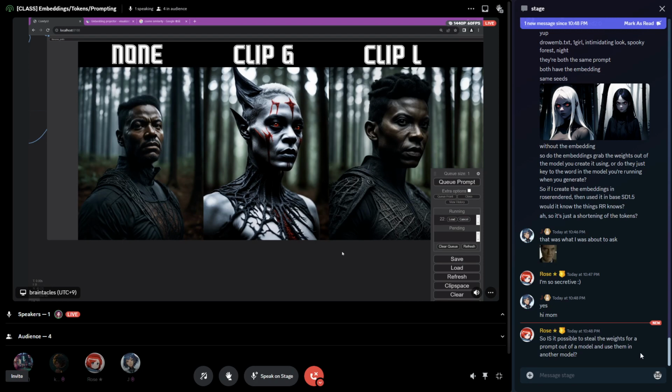So is it possible to steal the weights for a prompt out of a model and use them in another model? All the models, I mean, they all have the same clip. So you're talking about the text encoder stuff?